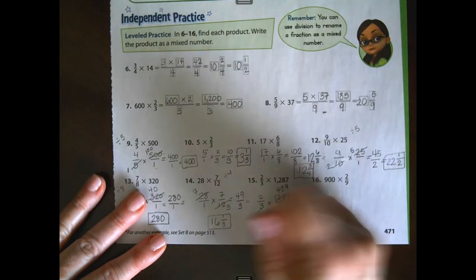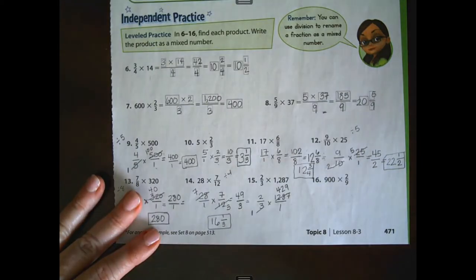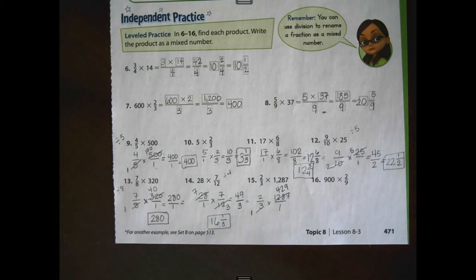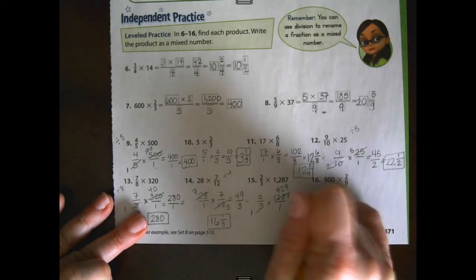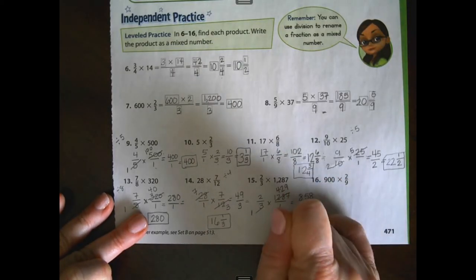All right, and it goes into itself once. So 429 times 2. Work that out to the side. I get 858 over 1. And that equals 858.